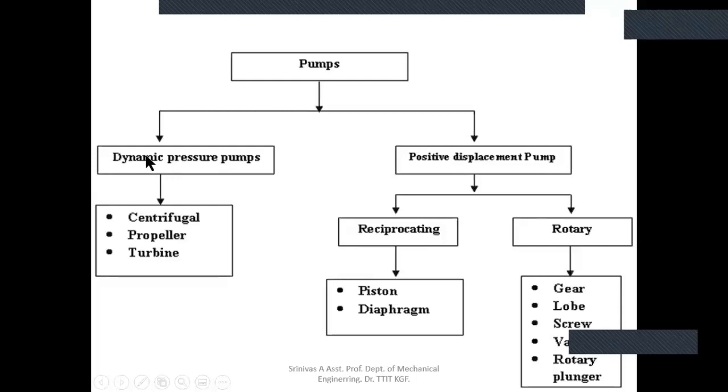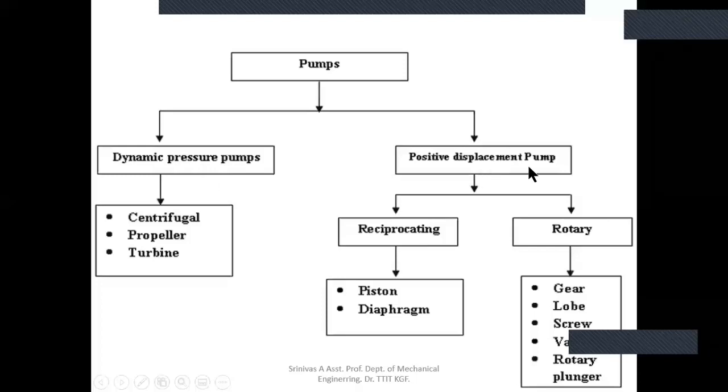In this kind of pump, kinetic energy is added to the water to increase its velocity. The kinetic energy is added to the liquid, and then we get the velocity and pressure. That is what is done in dynamic pressure or non-positive displacement pumps.